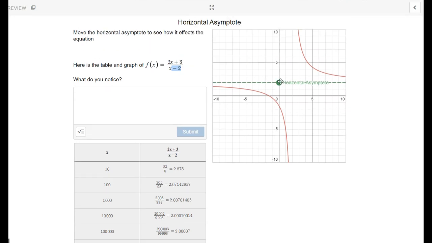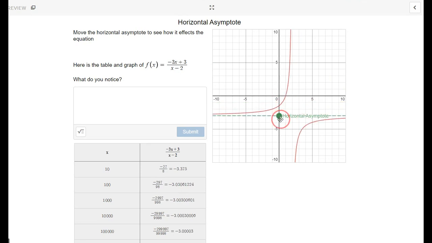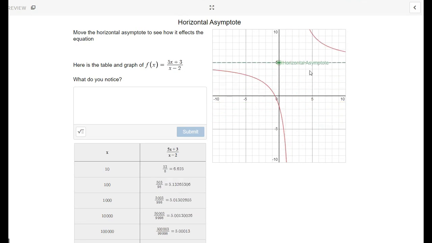And here it's kind of funny, you can play with this and move this around to different levels. Let's make it an asymptote at y equals 5. And the equation for that would be 5x plus 3 over x minus 2. And if you ignore the 3 and the 2, 5x over x is basically just going to be 5 times bigger on top.